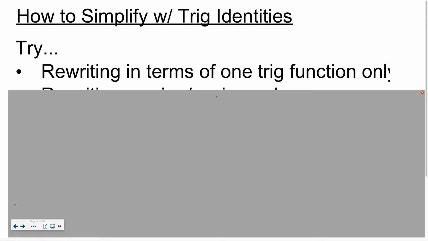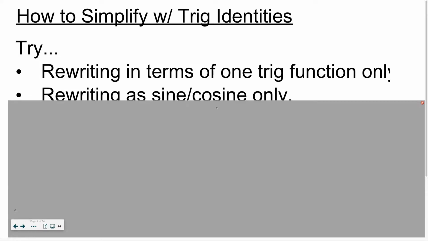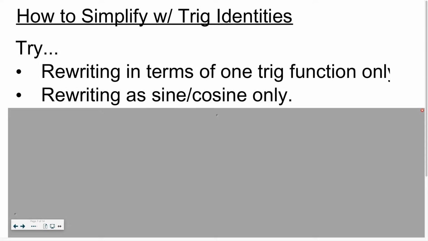Try getting them in one type of function. Like, think about this. If you could rewrite everything so it was all cosines, that might be really helpful because then maybe cosines add together or cancel out. Something good might come of that. So try getting it all in one trig function. If you can't get it in one trig function, try getting it in all sines and cosines.